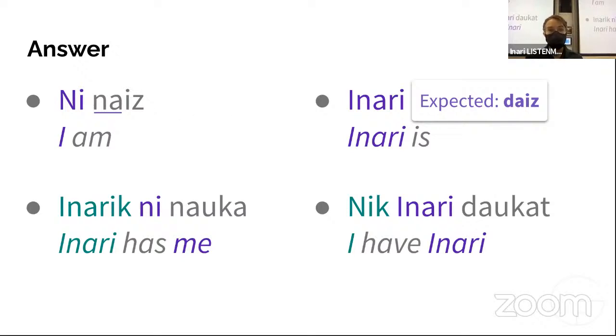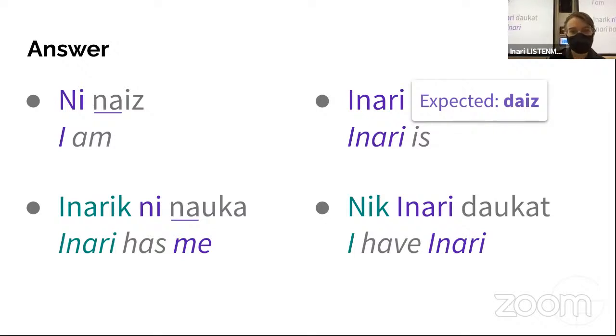And the same morpheme na appears in Inari nauka, so the first person object is marked with that same morpheme. Just from this similarity, we can deduce that the object is marked before the verb stem. And I gave you the dictionary form, so you had the verb stems there.